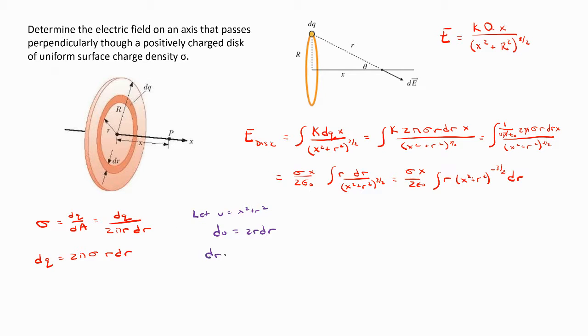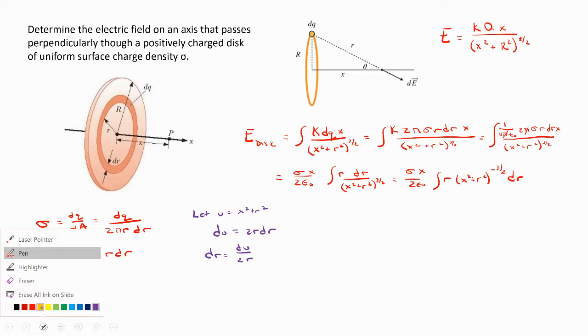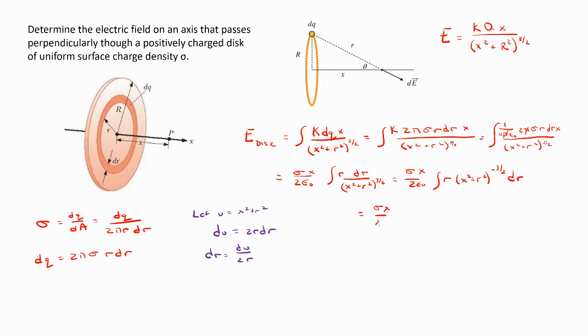And so we can write dr as du over 2r, and I'll substitute that in over here. So I can rewrite this as sigma x over 2 epsilon naught, the integral of r u to the negative 3/2 du over 2r. That cancels out one of the r's and turns this into sigma x over 4 epsilon naught, the integral of u to the negative 3/2 du.